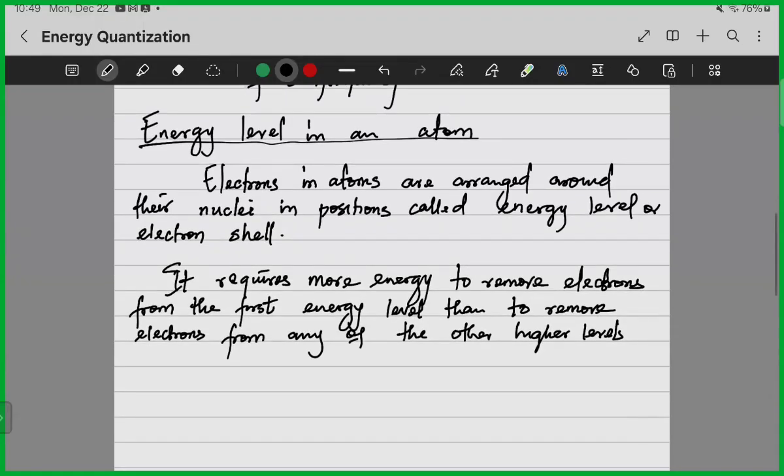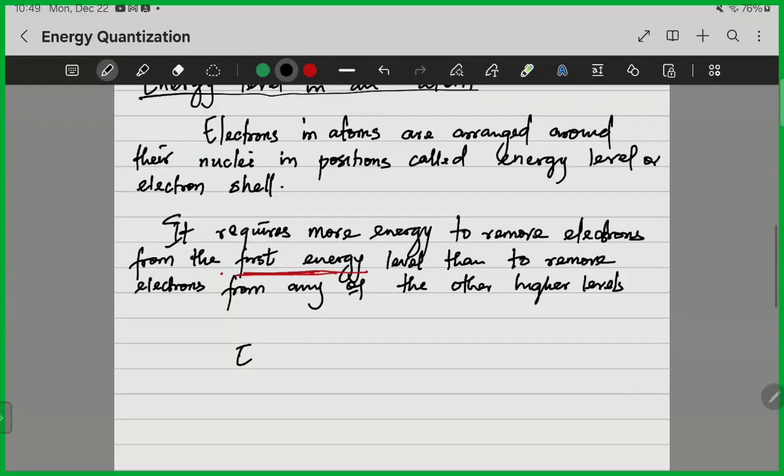Just take note of this explanation. To remove from the first one requires more than from any other. And the formula that guides us in determining that energy is E equal to -13.6 Z squared over n squared.